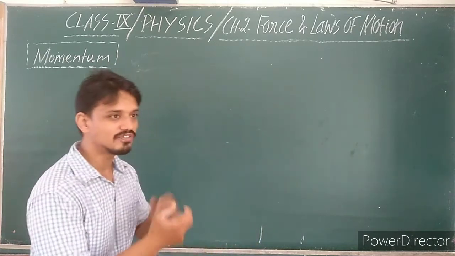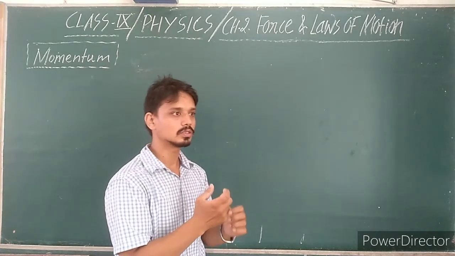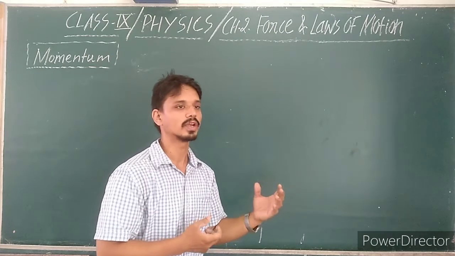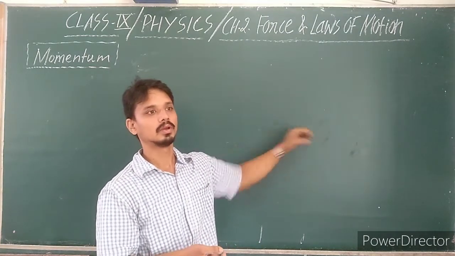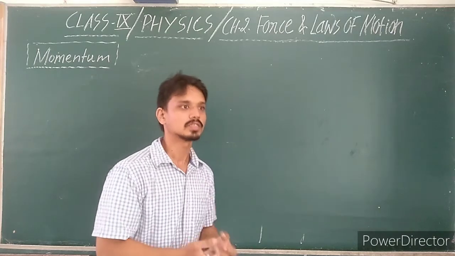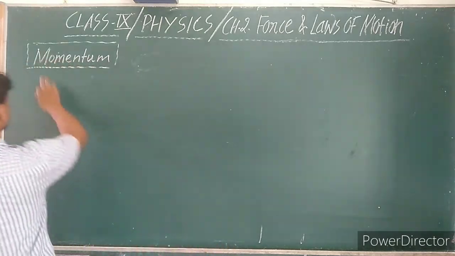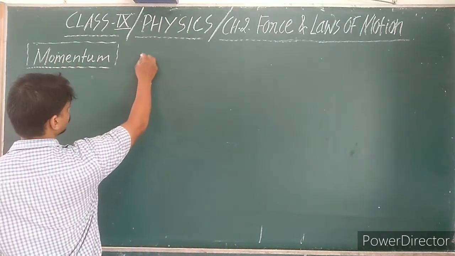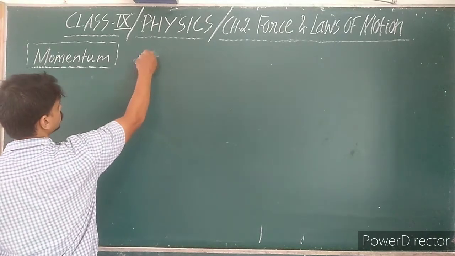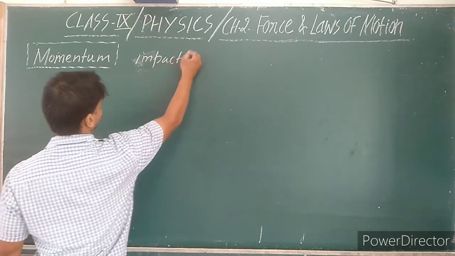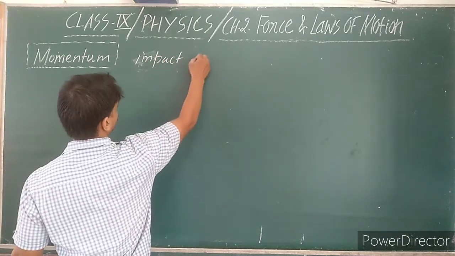So actually, this effect of motion is momentum. You can say that this hammer has the large momentum, but the pen has less momentum. So guys, actually momentum is the effect of motion, or you can say the impact of motion. Impact or effect of motion.